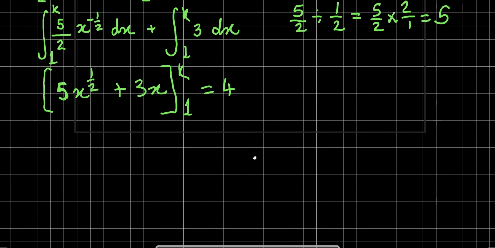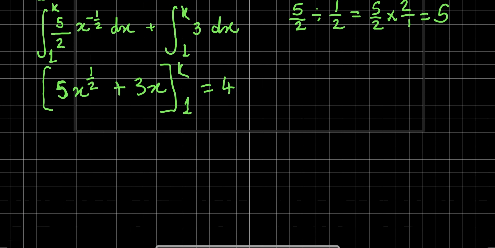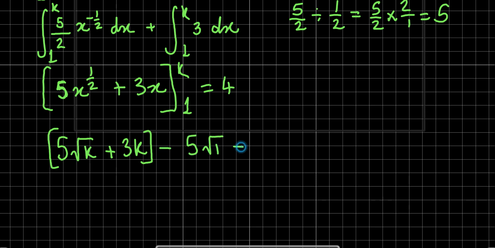So what we're going to do is now substitute in our values. So 10 square root of k plus 3k, minus, substitute the value of 1, so 10 times square root of 1 plus 3 times 1.